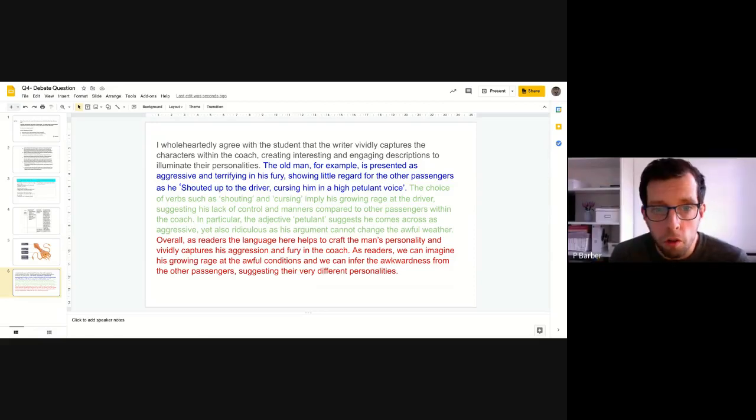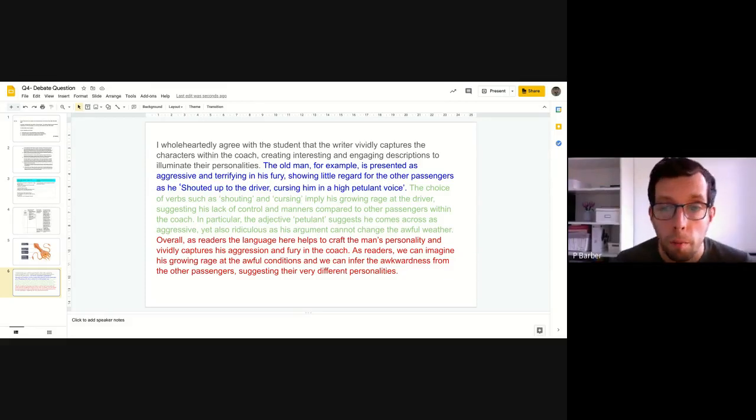The choice of verbs such as shouting and cursing imply his growing rage at the driver, suggesting his lack of control and manners compared to the other passengers within the coach. In particular, the adjective petulant suggests he comes across as aggressive, yet also ridiculous, as his argument cannot change the awful weather. Overall, as readers, the language here helps to craft the man's personality and vividly capture his aggression and fury in the coach. As readers, we can imagine his growing rage at the awful conditions, and we can infer the awkwardness from the other passengers, suggesting their very different personalities.